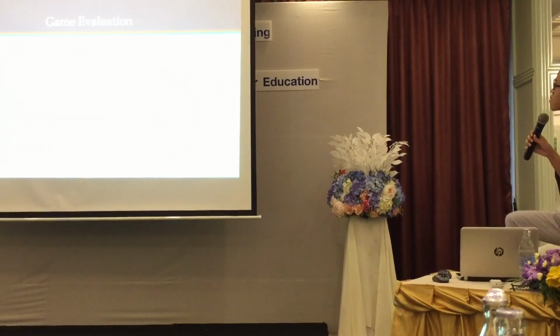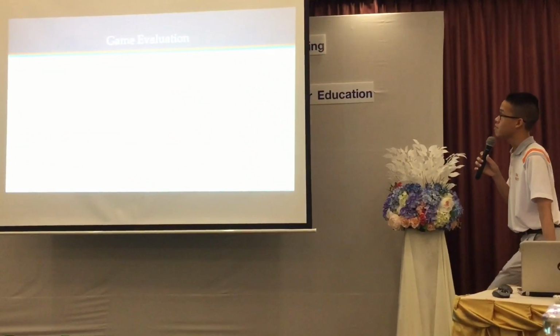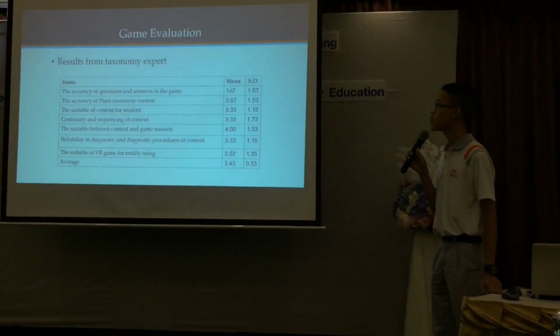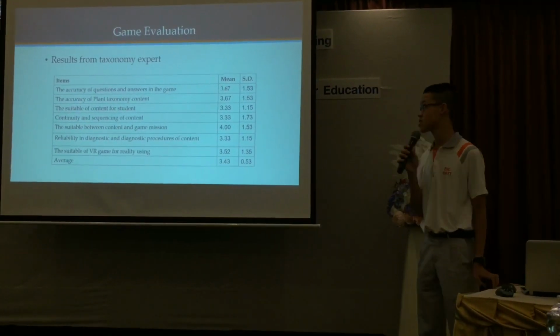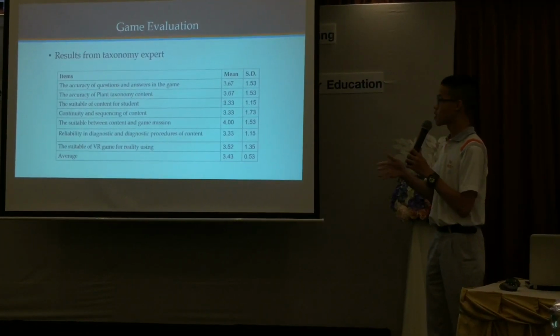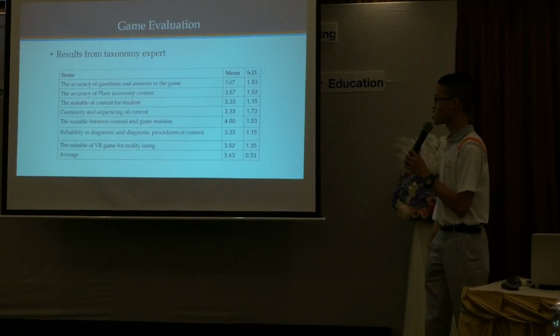So this is a table of the results of our game evaluation. The first evaluation is the result from the taxonomy experts. So this is the score about the virus score.